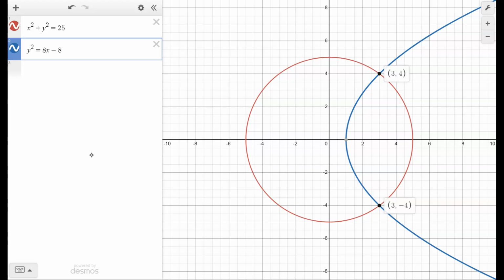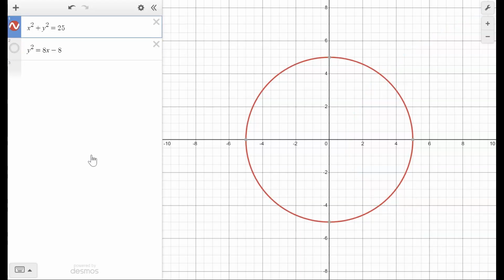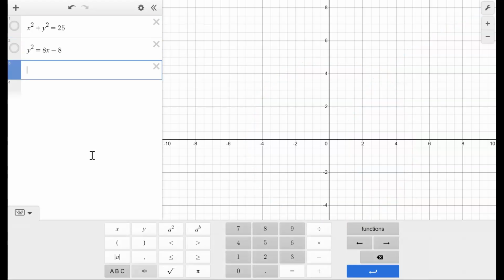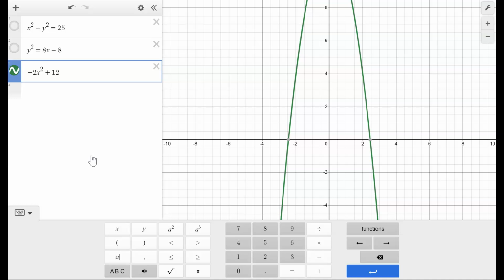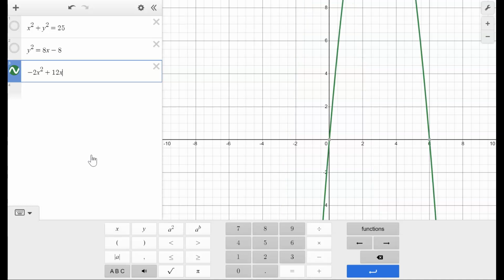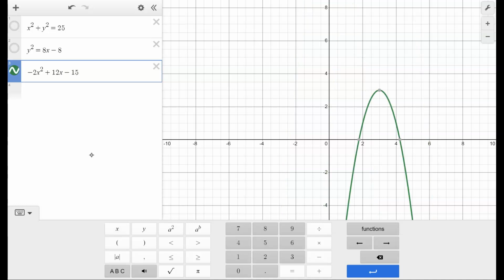Okay. Since we're on here, let's go ahead and graph the next one. So our next equation is going to be -2x squared plus 12x minus 15. Okay, so there's our parabola. It is an upside down inverted parabola.